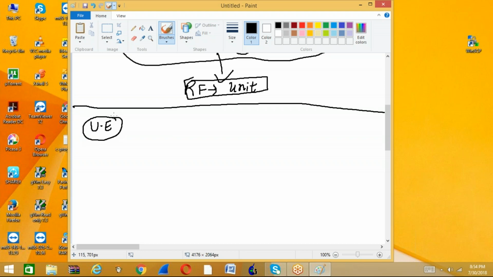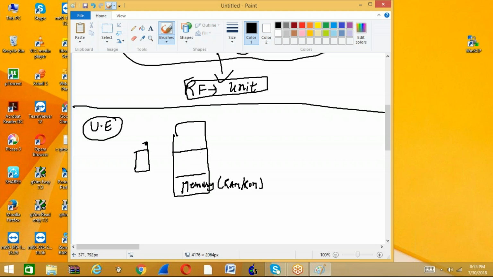So when I take my mobile station, this mobile station obviously contains three units. This contains memory, which means RAM and ROM come under it.